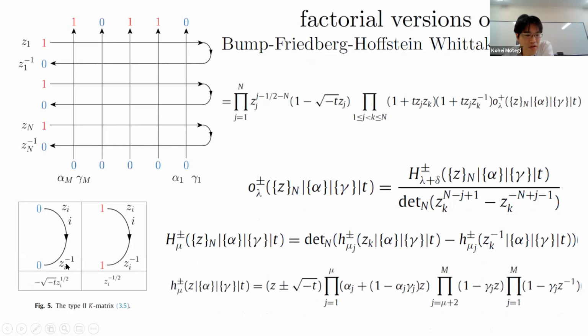And if you use this K matrix, then this is a product of these factors and this function, which is a factorial version of Bump-Friedberg-Hoffstein Whittaker functions.